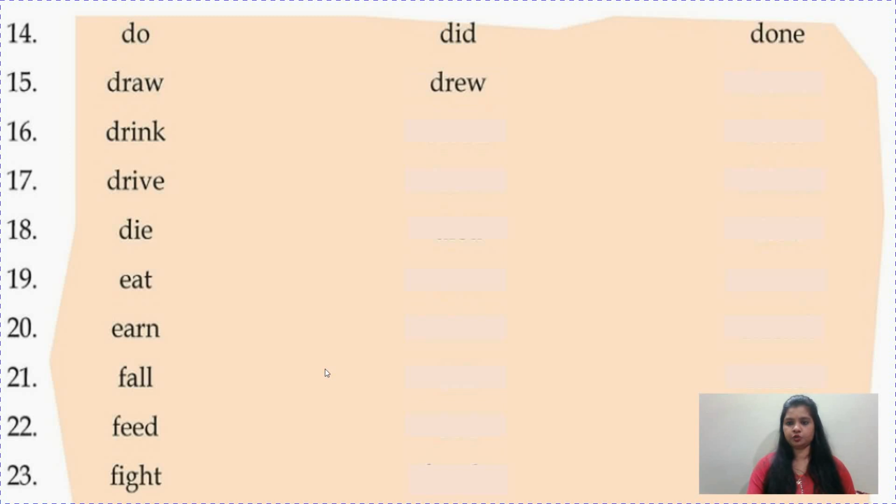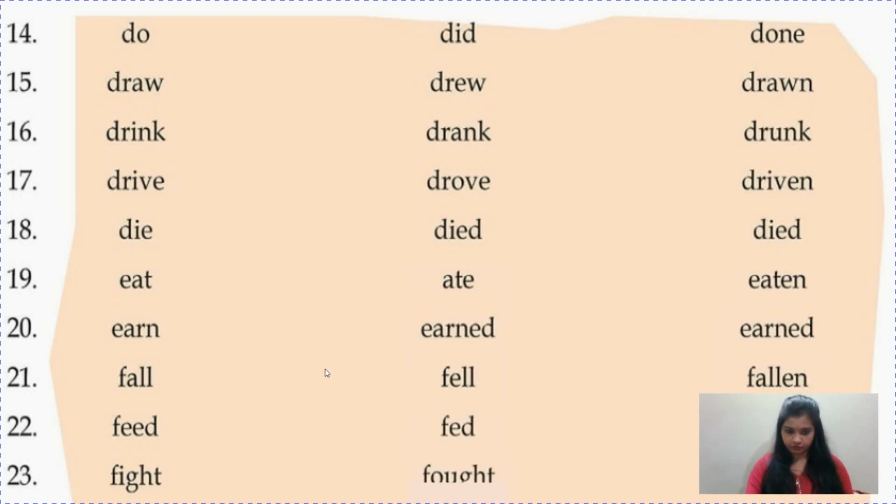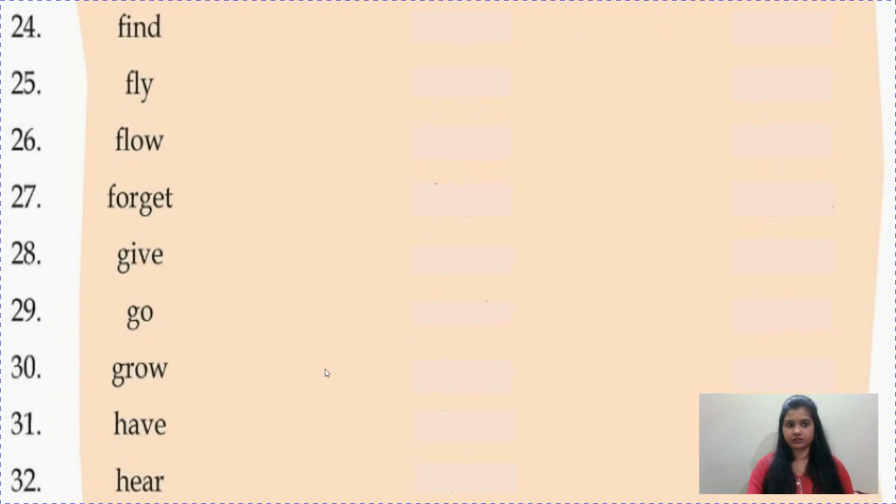Draw, drew, drawn. Drink, drank, drunk. Drive, drove, driven. Die, died, died. Eat, ate, eaten. Earn, earned, earned. Fall, fell, fallen. Feed, fed, fed. Fight, fought, fought.